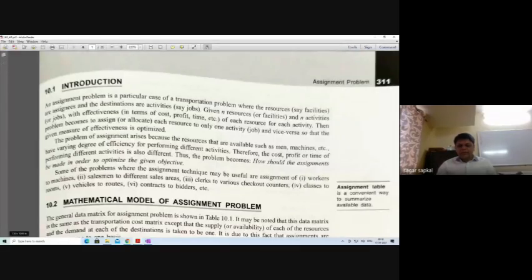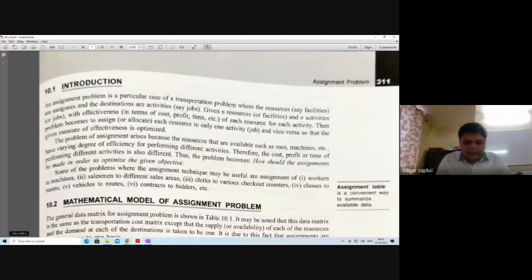So the problem becomes, how should the assignments be made in order to optimize the given objective? There are certain examples of this kind of assignment problem: workers to machines, salesmen to different sales areas, clerks to various checkout counters, classes to rooms, vehicles to routes, contracts to bidders. These kinds of examples come under the assignment problem.